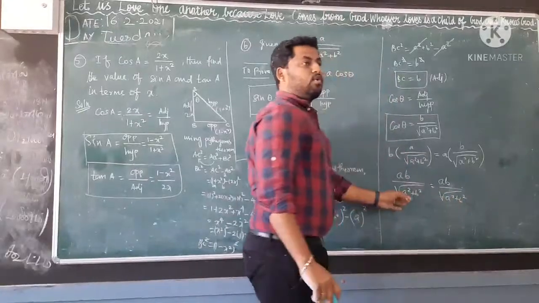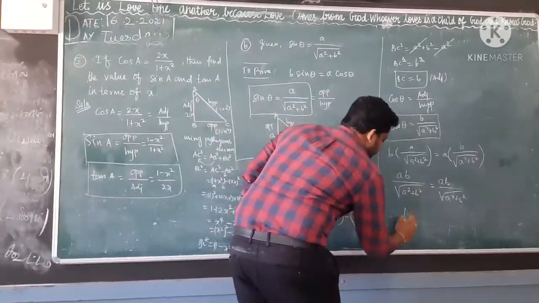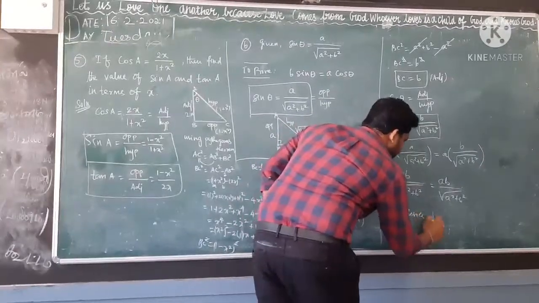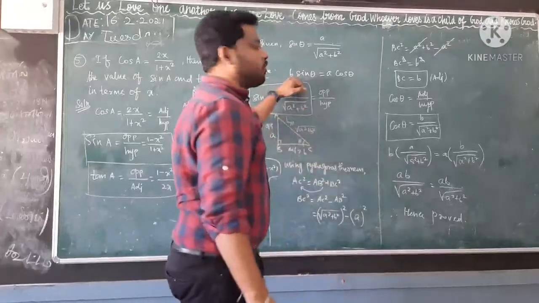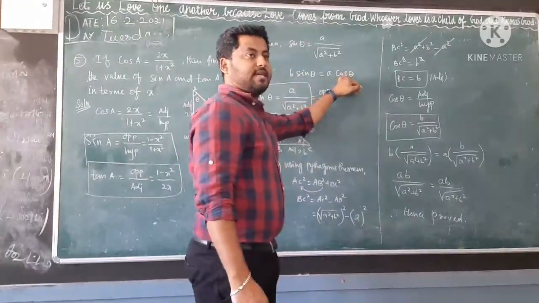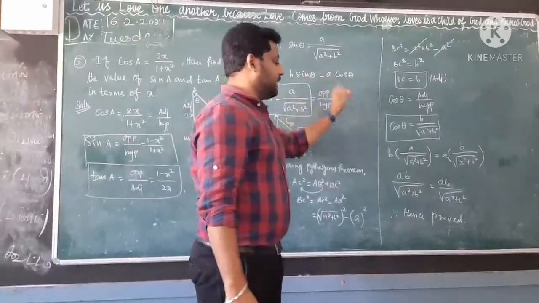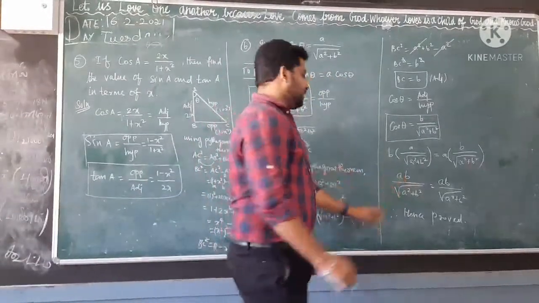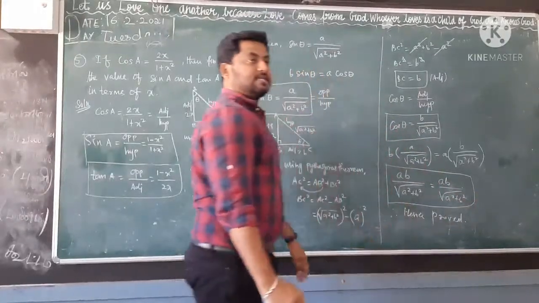Then both are equal. Because the question is, we have to prove b sin theta is equal to a cos theta, the multiplied values must be equal. Hence the answer is verified.